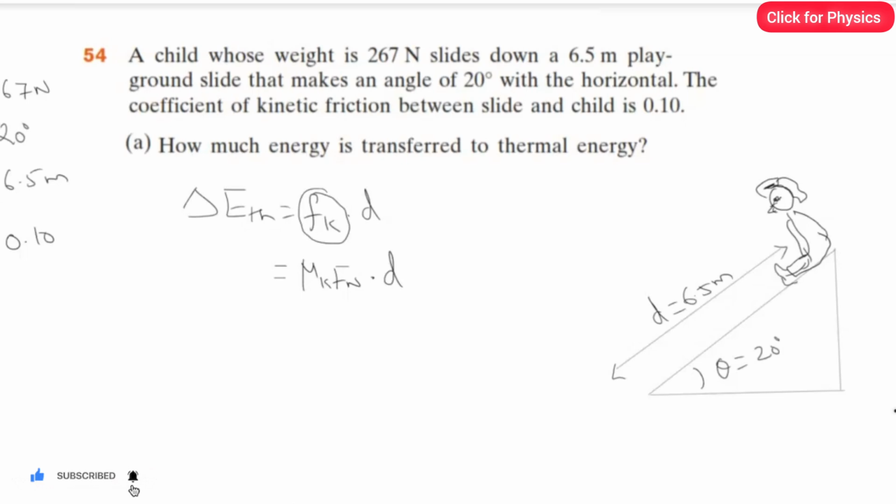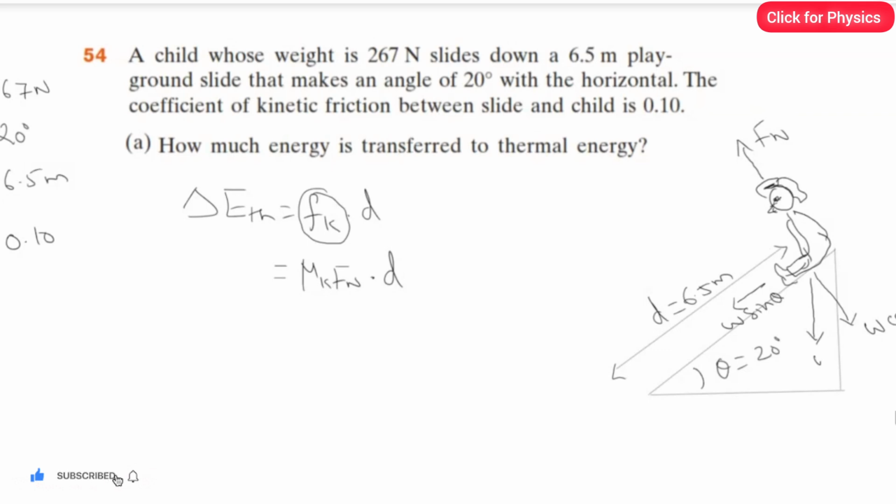Now we have to find what is Fn, so you have to draw the free body diagram. So this is the normal force, right? And this will be the force due to gravity, and this is the weight W, with components W cosine theta and W sine theta.